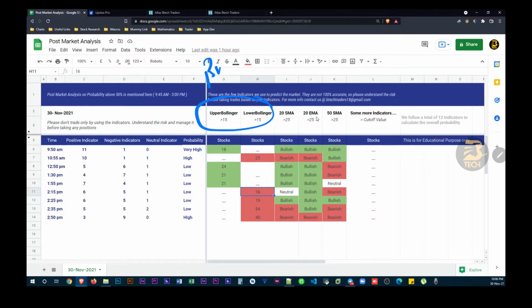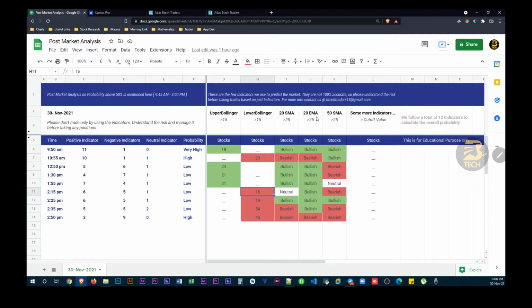How does it represent? If the upper Bollinger has a value greater than 15, that indicator is showing that the market is currently bullish. And whenever there is a value greater than 15 in the lower Bollinger Band, the market is negative.